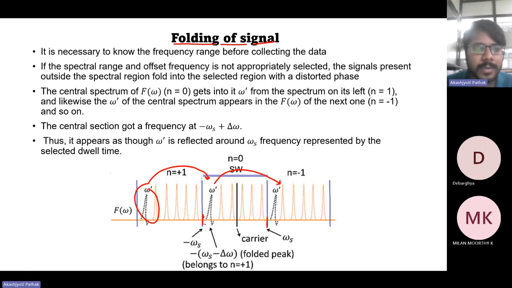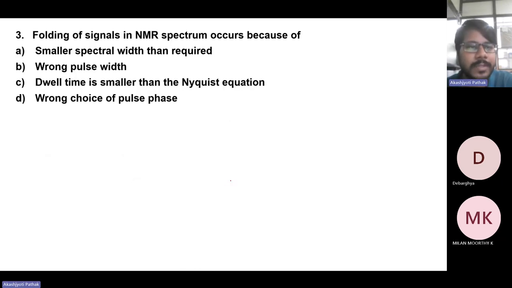So what it is trying to say is that this omega dash is getting reflected around this omega s, and because of this, the omega dash which was present in n equal to +1 got shifted to n equal to 0, and this again is getting reflected around omega s into the neighboring right side spectral width. Okay. So that is the folding of signal.